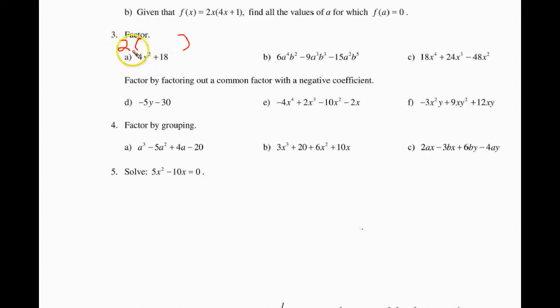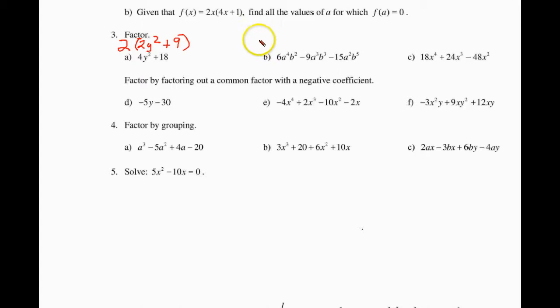So we're going to take a 2 out of the 4 and we get a 2 left. And a 2 out of the 18 and we get a 9. And that's the most, because now what is in the parentheses, we can't take any more common terms out. So this was the opposite of what we did earlier when we distributed the 2 through this. Now we're reversing it and factoring, taking out the greatest common factor.